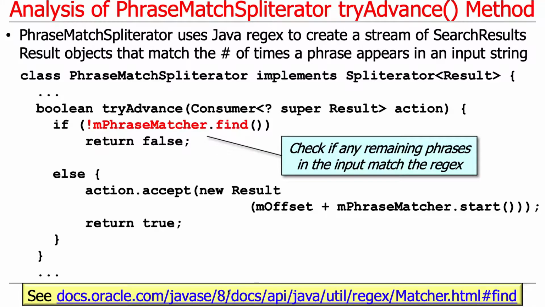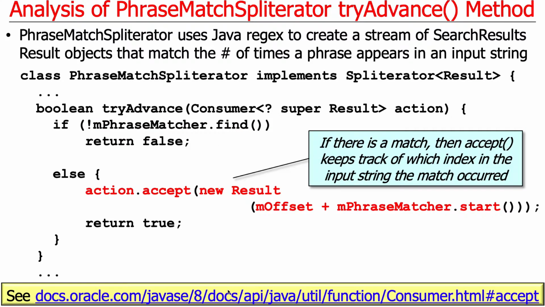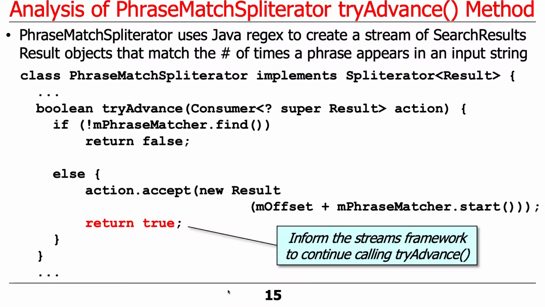If it does find one, then it'll go down to this branch, and it'll accept a new result object that keeps track of where the PhraseMatchSpliterator found the match plus the offset. And this is what's used to make sure that we give an absolute value into the original work of Shakespeare. So that result object is then accepted into the action, and true is returned.